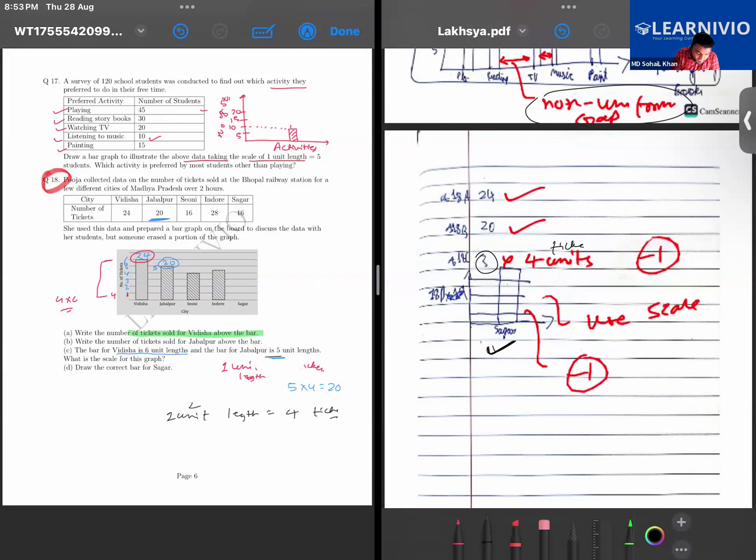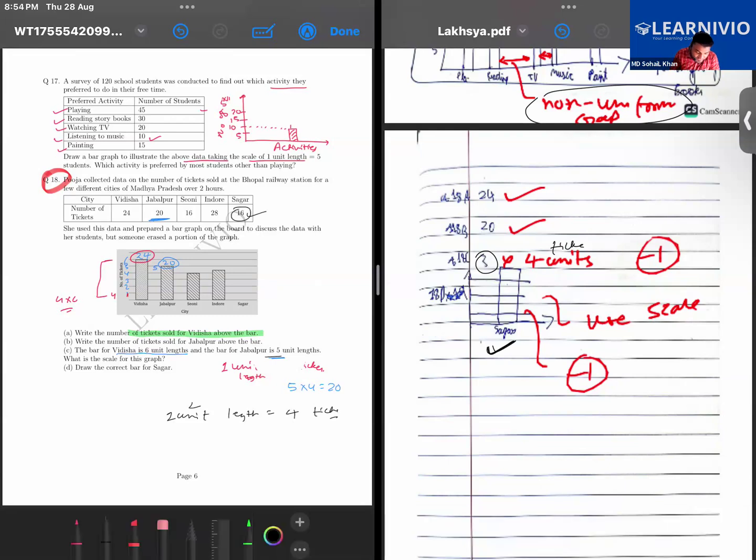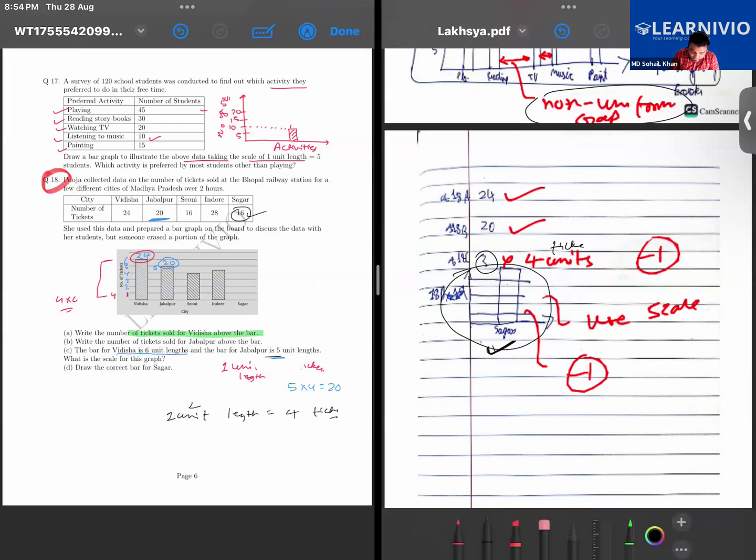Now for Sagar, 16 tickets were sold. Although you have drawn this bar, again you have not used any scale and it's very unclear what you have drawn here. Rather, you should have drawn it in this manner. 1, 2, 3, 4, and that will be 4 unit length.